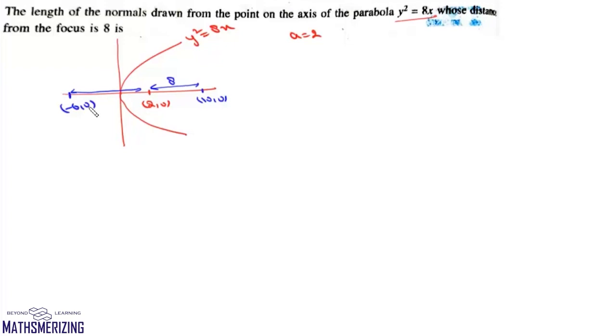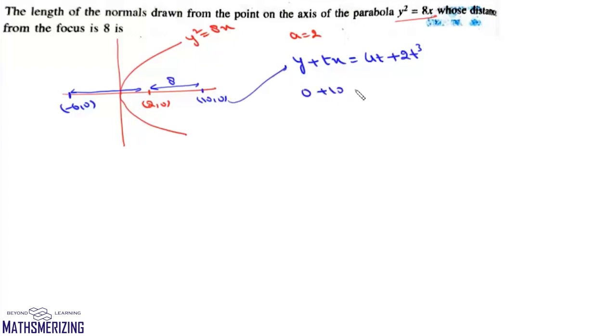Now we write the equation of the normal. So we know that the equation of the normal is given by y + tx = 2at + at cube. So there will be 4t and 2t cube. Now this normal will pass through the point (10, 0). So we'll put y as 0 and x as 10.